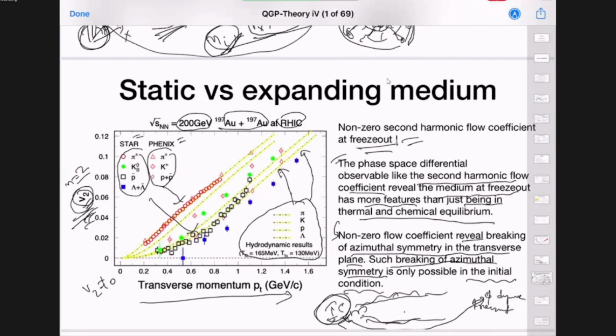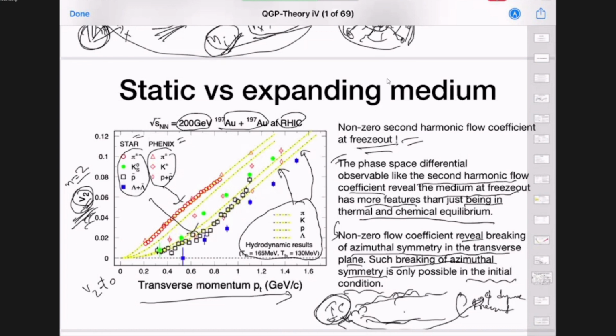For example, there will be ongoing dissipative processes in the medium, and if they are of considerable magnitude, they could wash out all such initial condition features, and in the end you would just get a completely thermal and chemical equilibrium, just a thermal gas, and you would not be seeing these flow coefficients. You would get all of these to be zero.